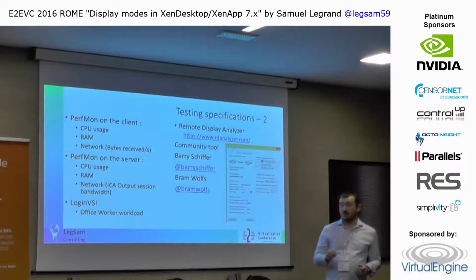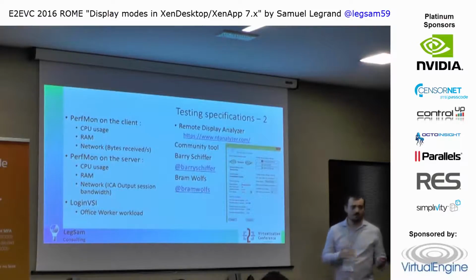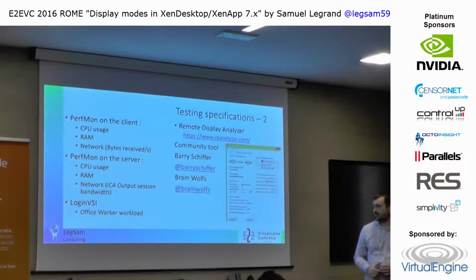You have it for each session. We started with the global network usage, but it was not easy to find which user was which. So we started with Wireshark traces, and then we said no, we have to use the Citrix counters and trust them for this part.